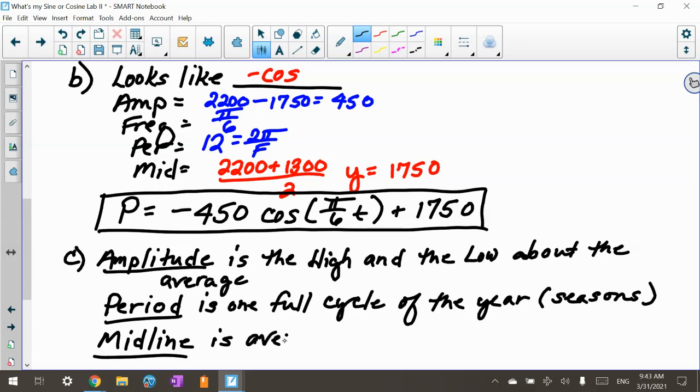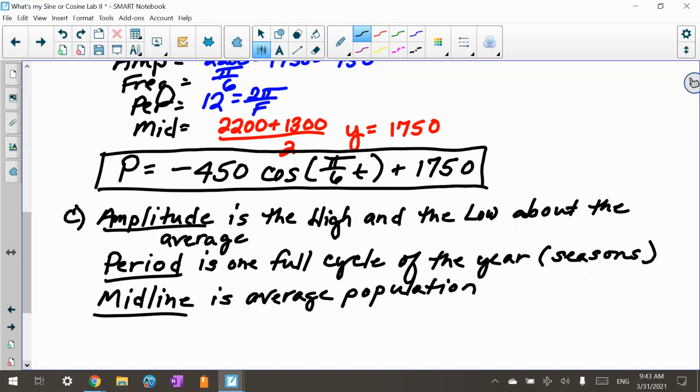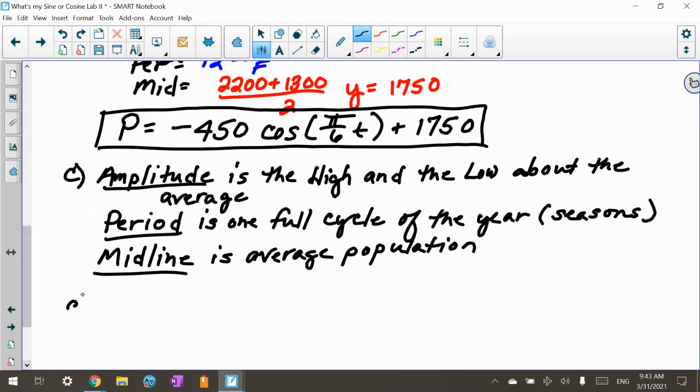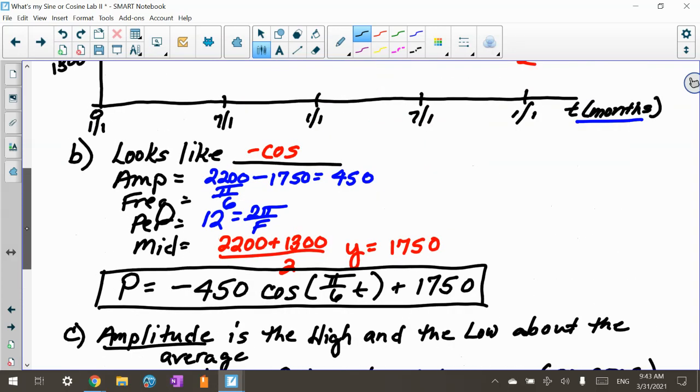So I know what this means in the graph, but I want you to be able to talk about what it means in the real world. The D part asks us to find algebraically the two months in which the population is 1,500. So let's look at our graph first.